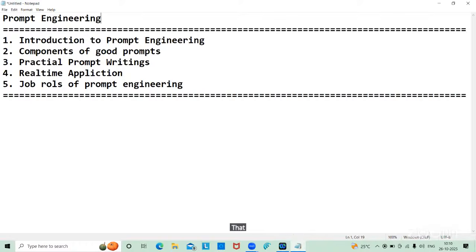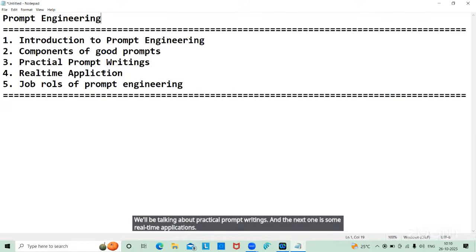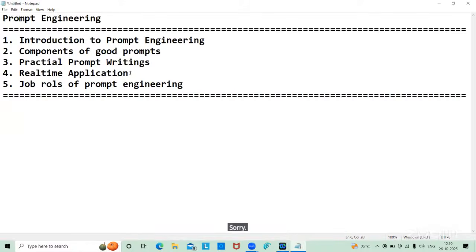Then practical prompt writing, then some real-time applications, and the job roles that belong to prompt engineering.